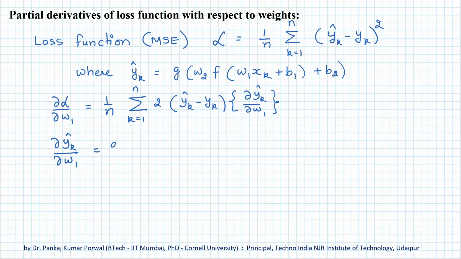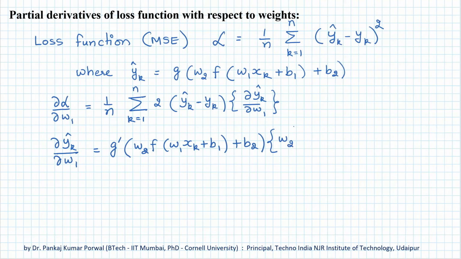So that will be g dash of W2 f W1 xk plus B1 plus B2. Now this dash is the partial derivative of g with respect to this whole expression, then into the derivative of this whole expression with respect to W1, and W2, B1 and B2 will be treated as constants with respect to W1.